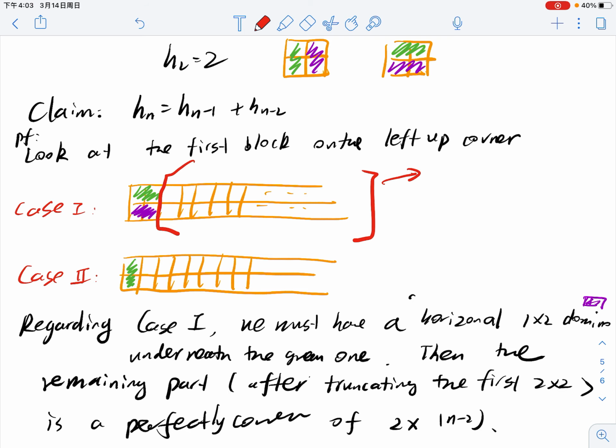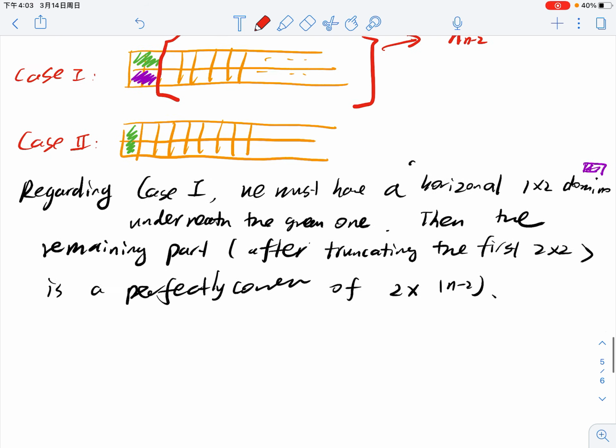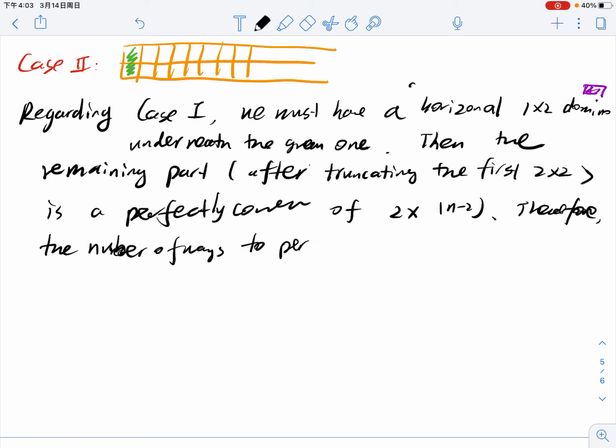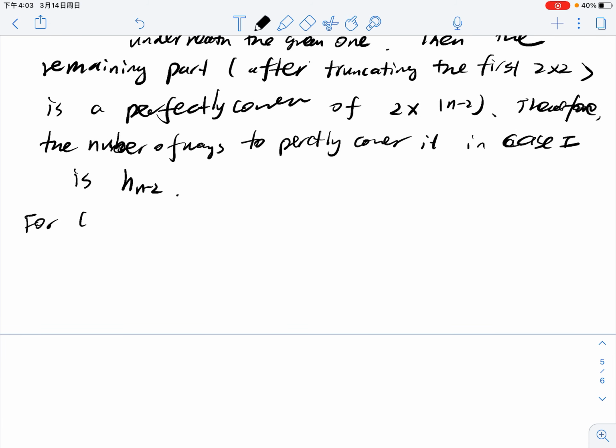This is Hn minus 2. Therefore, the number of ways to perfectly cover it in case 1 is Hn minus 2.